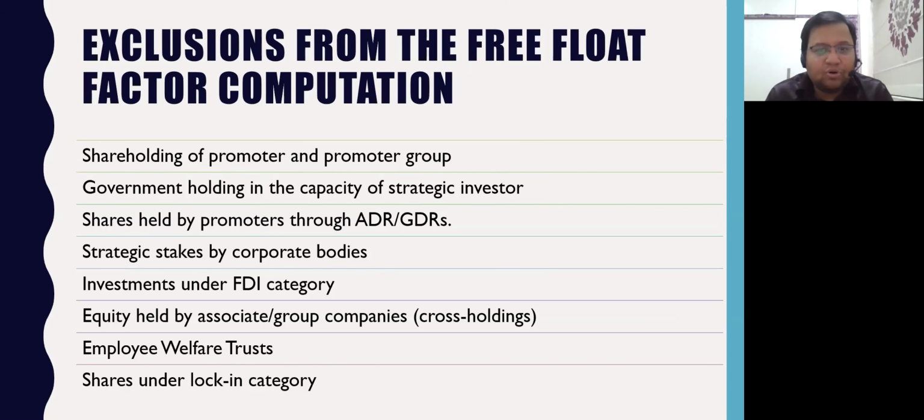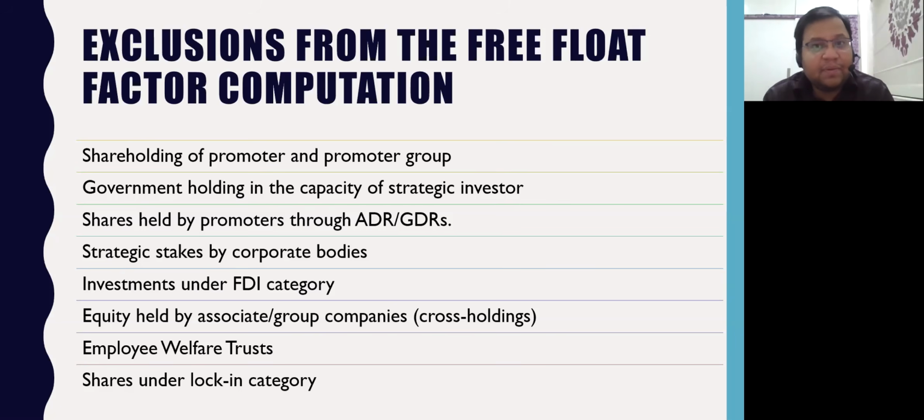Then shares held by the promoters through American depository receipt or a global depository receipt. This can happen in case your promoter is from a foreign country. So they own the shares through a mechanism of depository receipt, which is an instrument which entitles you to shares of a company. So multiple shares put together is a depository receipt. It is used for raising money from abroad.